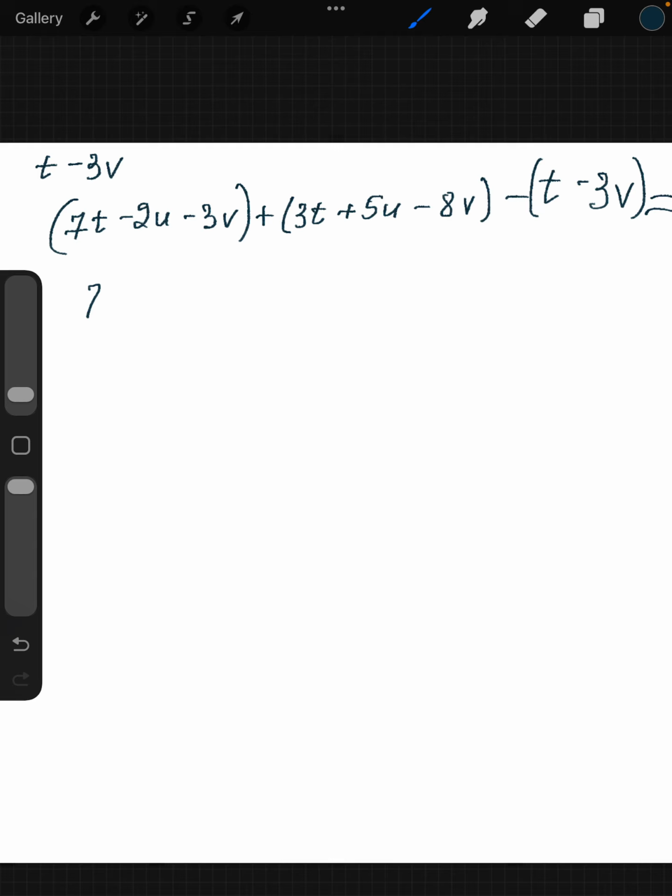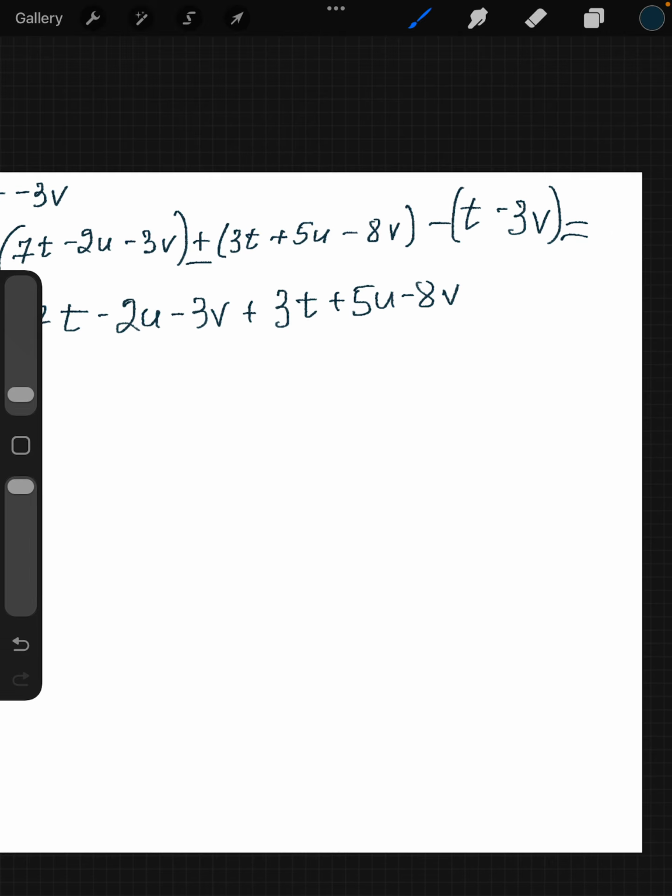We've got 7t minus 2u minus 3v plus 3t plus 5u minus 8v. So with the plus sign, nothing changes. And now we've got the minus sign, which changes the sign of the expression inside the parentheses. So minus t and plus 3v.